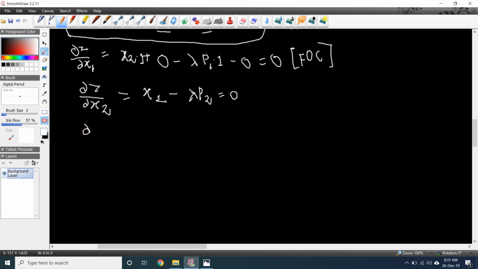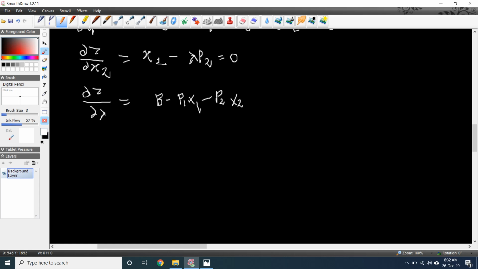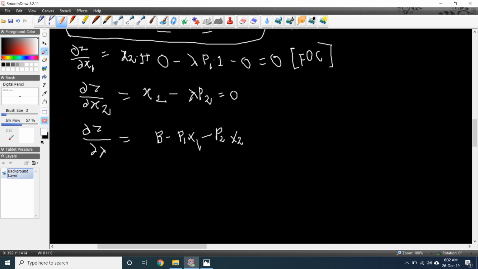And for dz divided by d lambda, we simply get b minus p1 x1 minus p2 x2, and we set it to 0. Let's name these equations 2, 3, and 4.